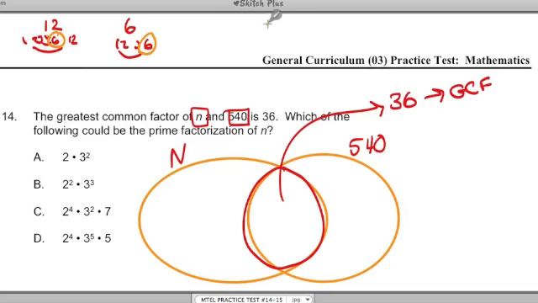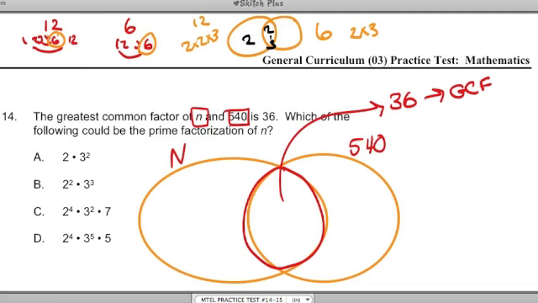Now, how is that represented on the Venn diagram? Well, 12 can be represented as 2 times 2 times 3. And 6 can be represented as 2 times 3. The factors that they share in common are the 2 times the 3, and the 12 has the extra 2.